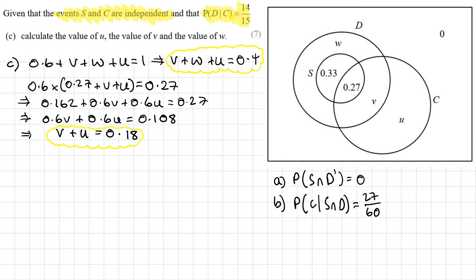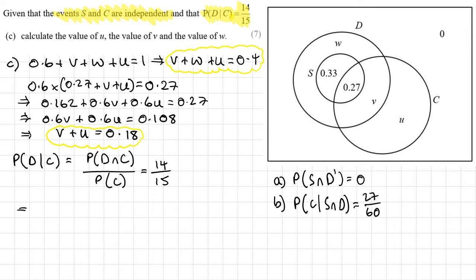Then we'll use this piece of information here, that the probability of D given C is 14 over 15. So what that means is that the probability of D and C over the probability of C is equal to 14 over 15. Right, what do we know?